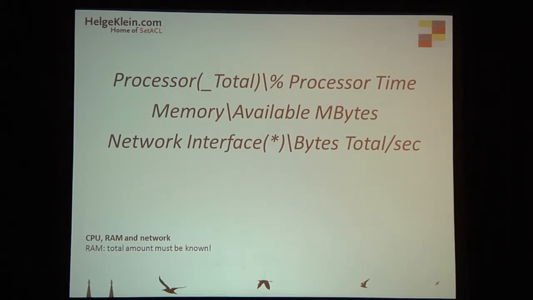I want to know how much memory is being consumed. But there's no performance counter telling me that. So this forces us to first determine how much RAM a system actually has, and then subtract from that these available bytes, and we get the number of megabytes that are consumed.